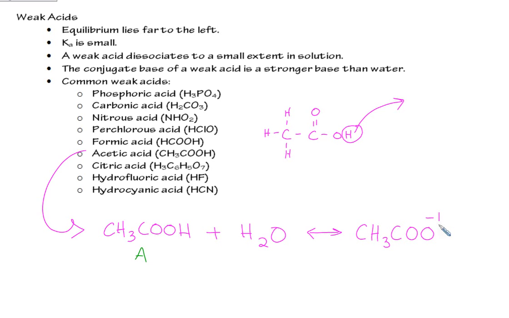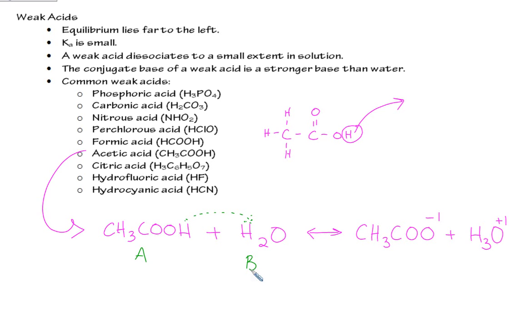So where did the hydrogen go? This poor little hydrogen gets donated to the water. So the other product is H3O+, that hydronium ion. Oh, cool. So we're going to call water a base. Water was the hydrogen acceptor.